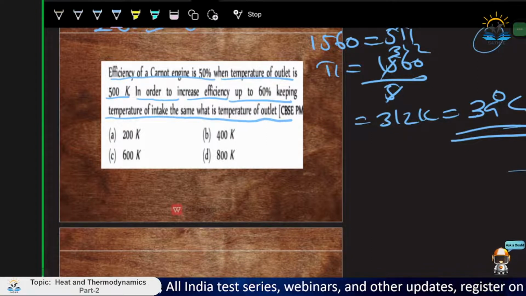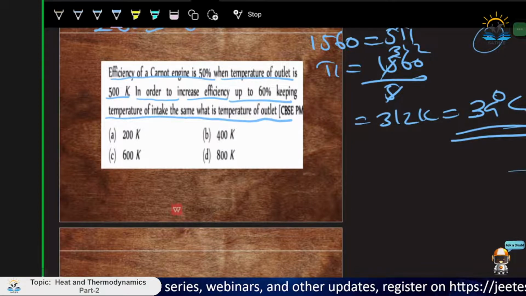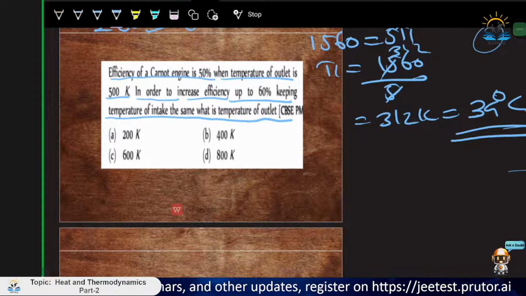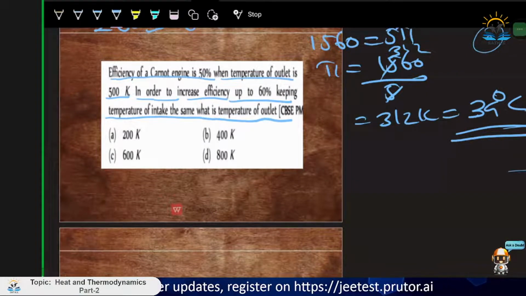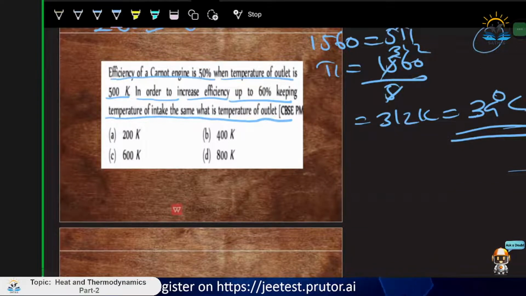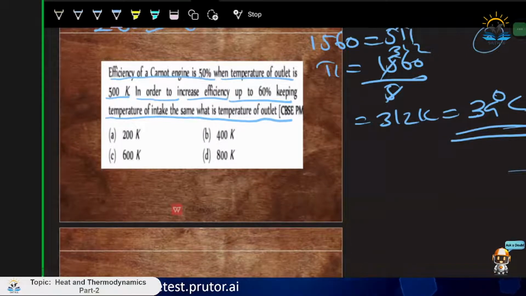It has been mentioned that efficiency of Carnot engine is 50%, when temperature of outlet is 500 Kelvin.